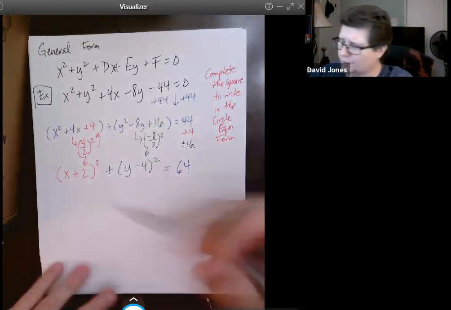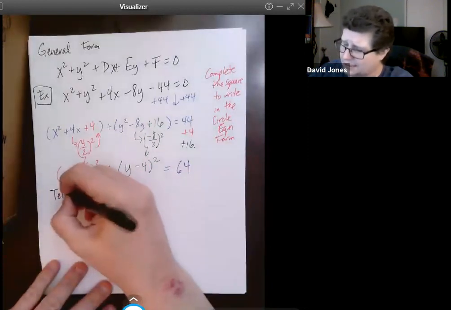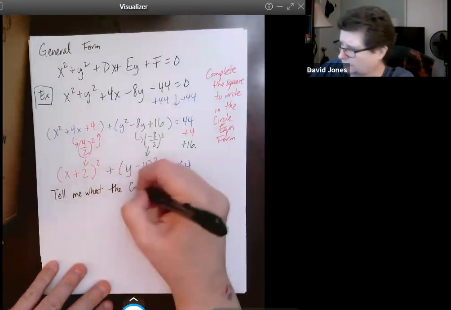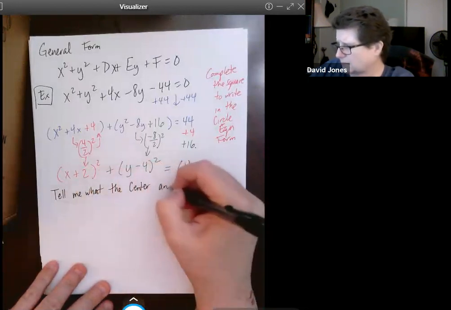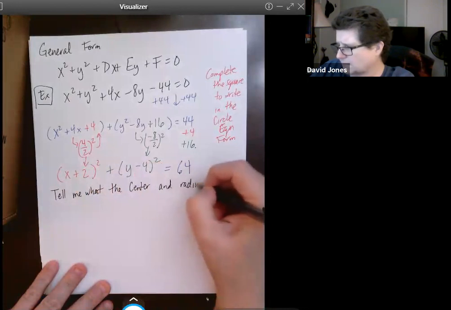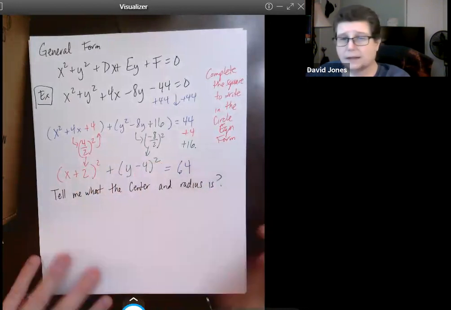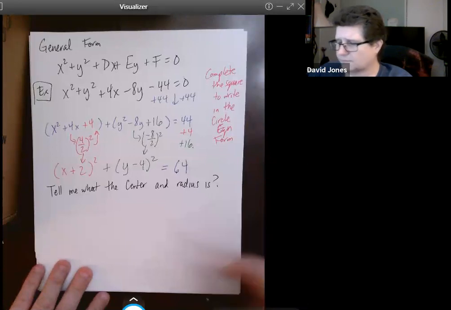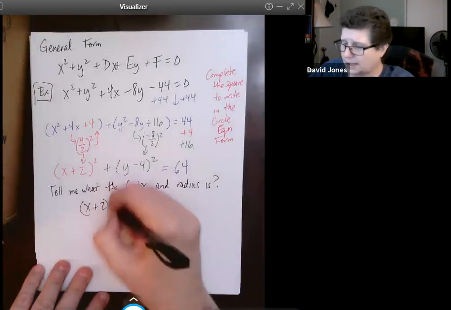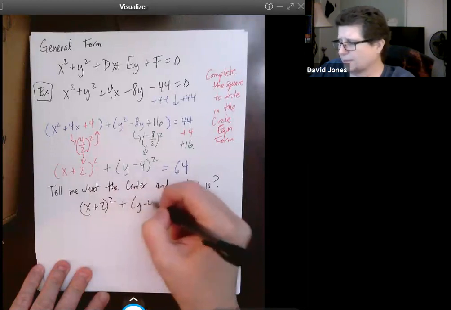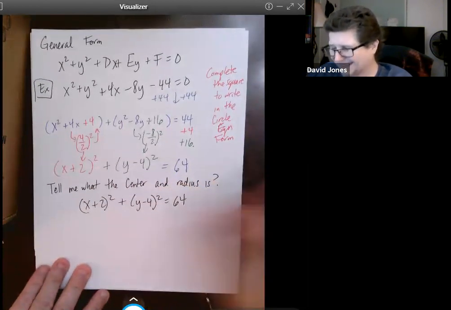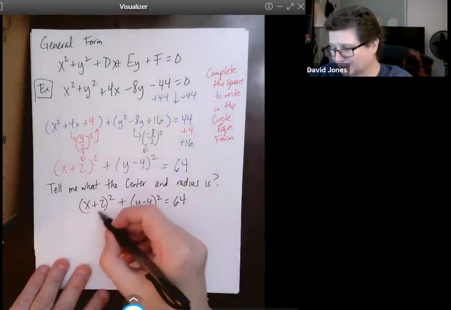So tell me what the center and radius is. x plus 2 squared plus y minus 4 squared equals 64. h is the opposite, so -2, +4.